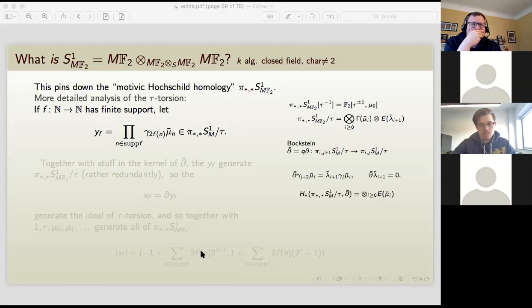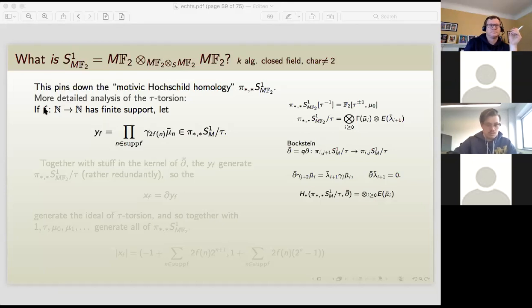I'm going to talk about certain products of divided power generators. So here is the mu n, that is the suspension of a tau coming from the dual Steenrod algebra. And here I have taken the divided power structure, and here is the function f. I've taken this indexed on the divided power structure.